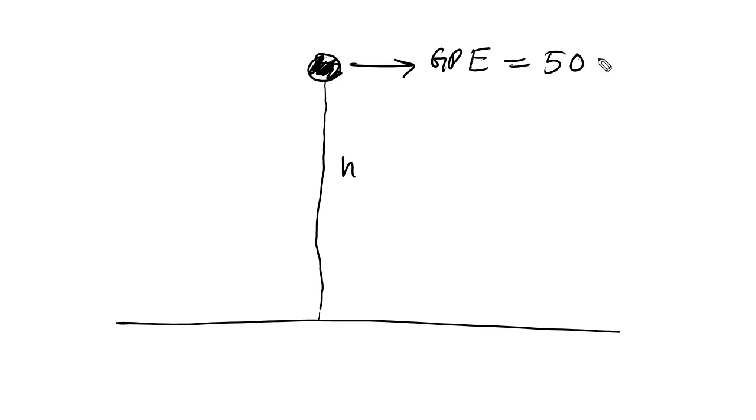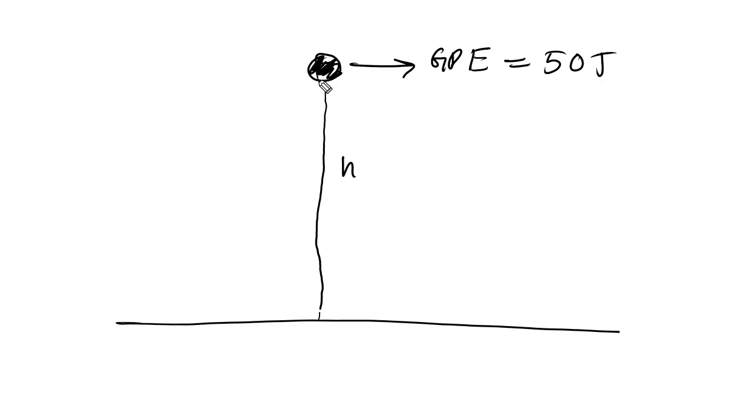Let's suppose there's a ball. This is the ground. This ball is at some certain height h. Now this ball has some gravitational potential energy. Let's suppose the value of that gravitational potential energy is equal to 50 joule.